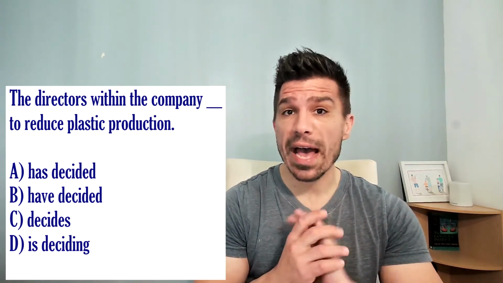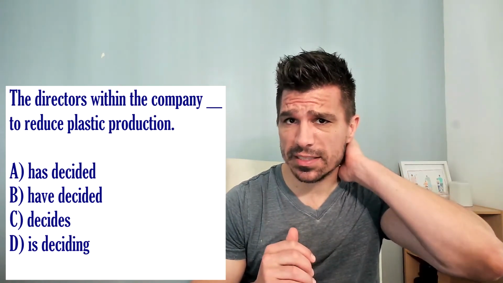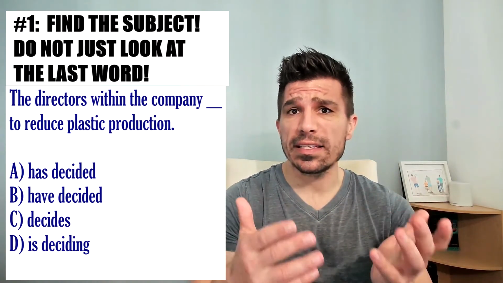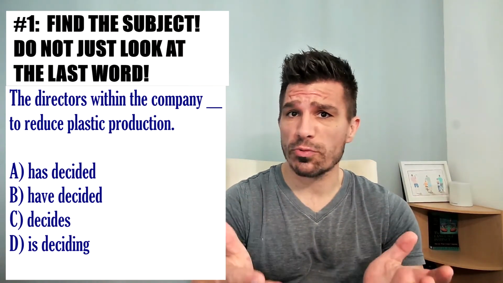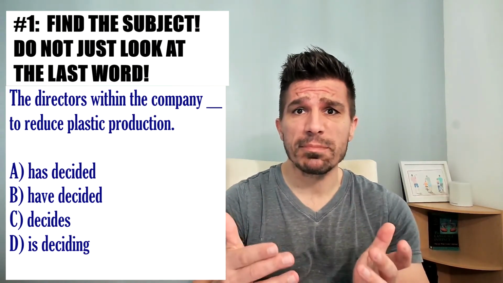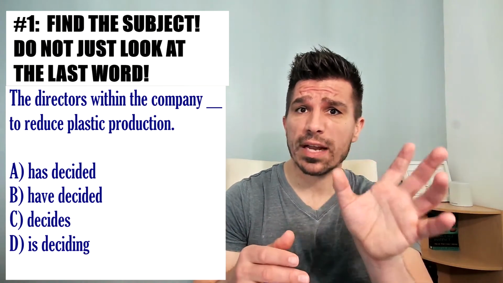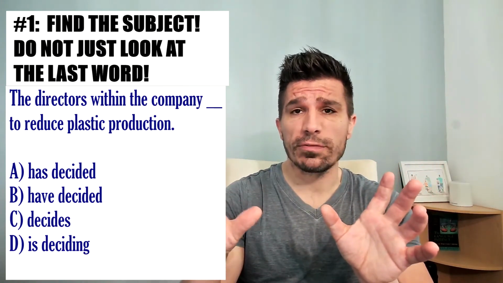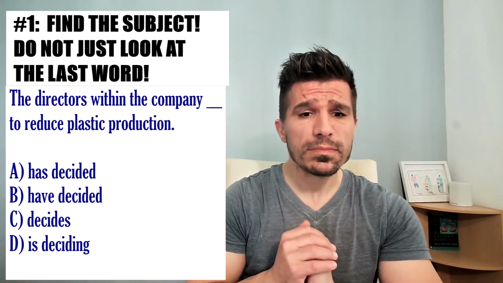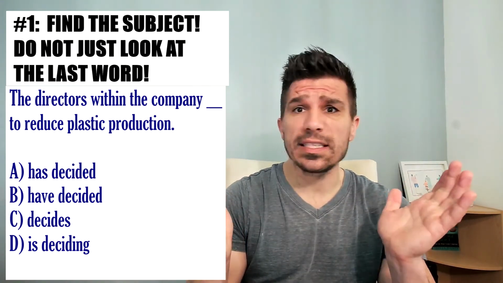I have to decide what my subject is. This is actually quite simple because my subject is directors. My subject is not company. I have directors, then a prepositional phrase. I just remove that. So directors.